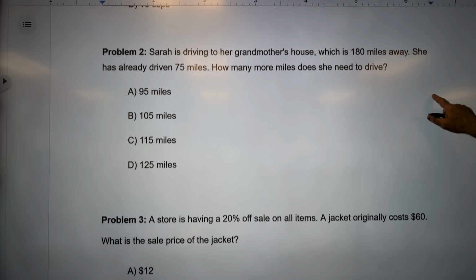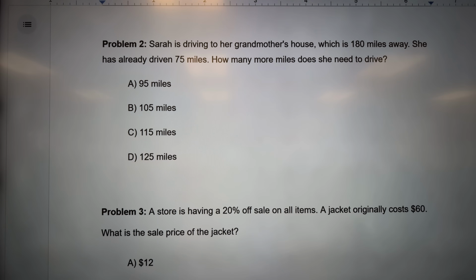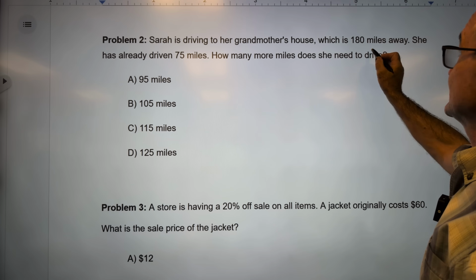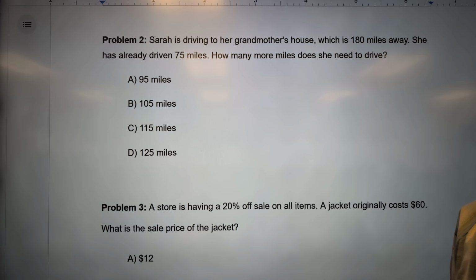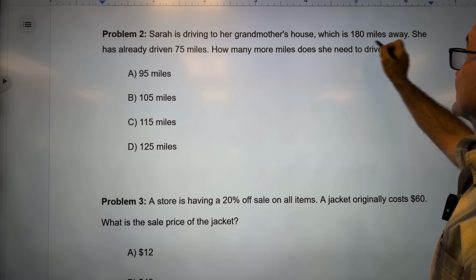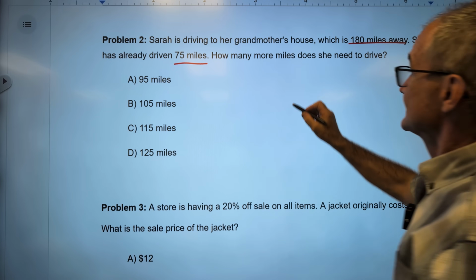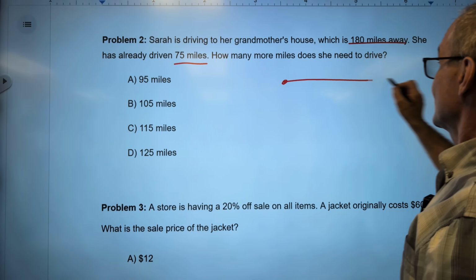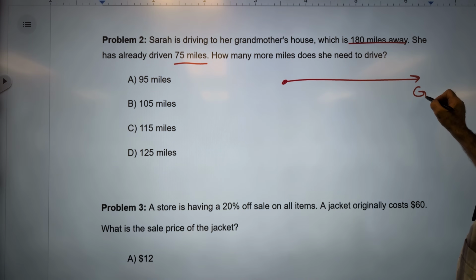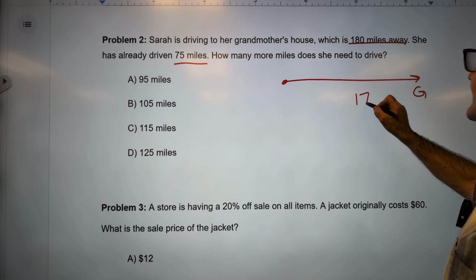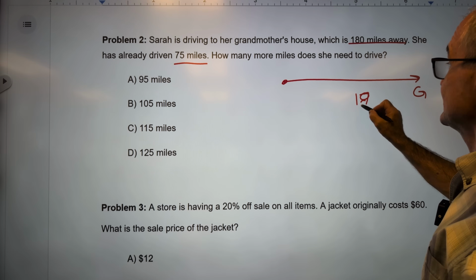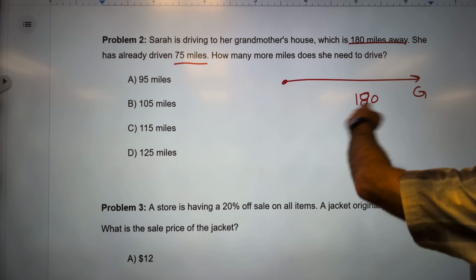Problem number 2. Sarah is driving to her grandmother's house, which is 180 miles away. She has already driven 75 miles. She is starting here, driving to Grandma's house. It is 180 miles away.